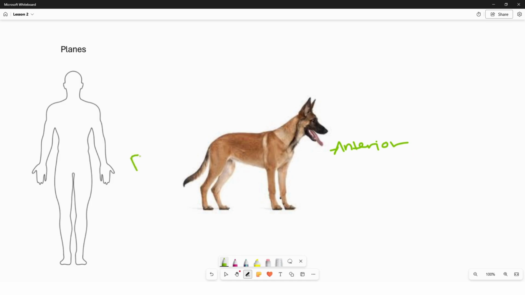And the back of the dog would be posterior. Now the spinal column would be right about here, right? So that would be dorsal. And the belly side of the dog right here would be ventral. And that is it for body terms and directions and planes.